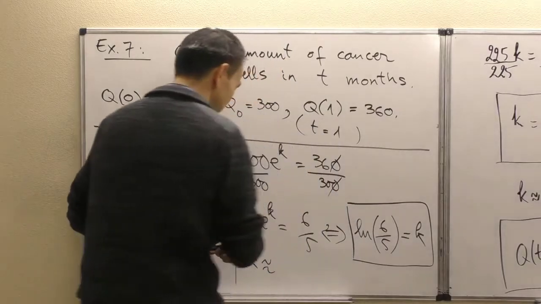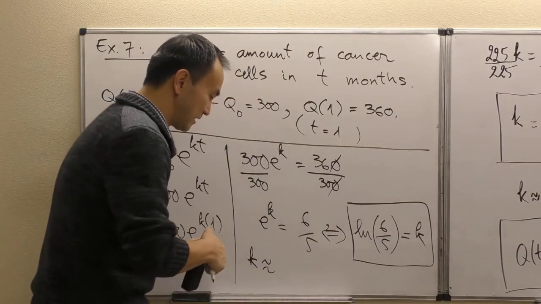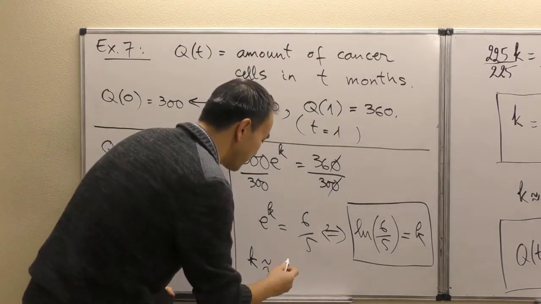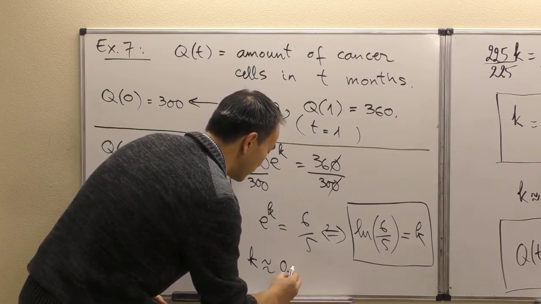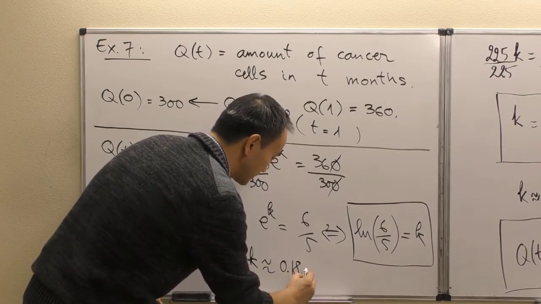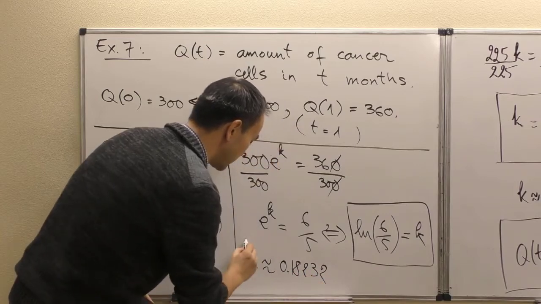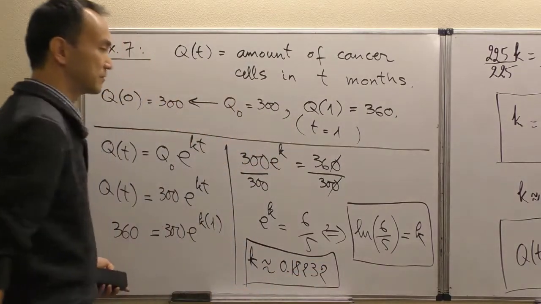So now k equals approximately 0.18232. All right, and that's my relative rate right there.